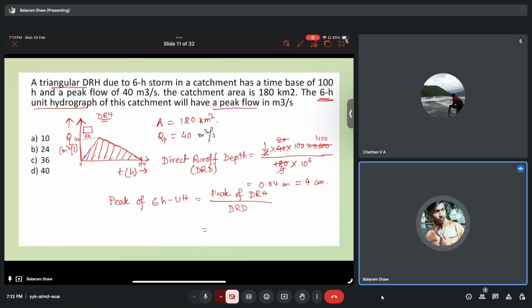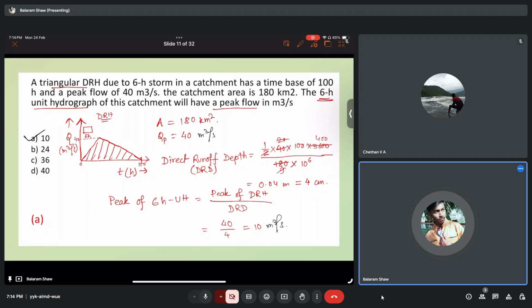So that will be equal to 40 divided by 4, that is 10 meter cube per second, right? So the correct answer will be A.